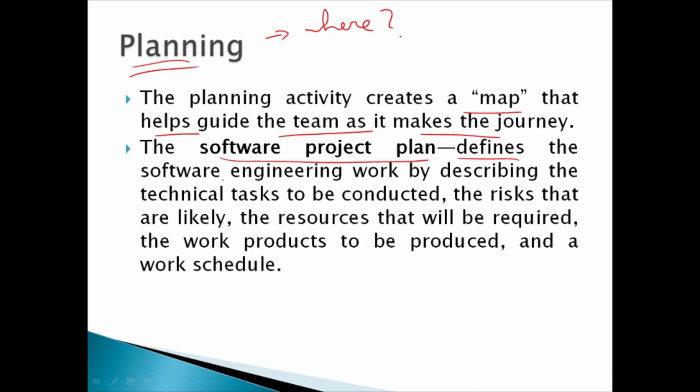It defines the software engineering work by describing the technical tasks to be conducted, the risks that are likely, the resources that will be required, the work products to be produced, and the work schedule. Okay. So software project plans give a concrete map for the software development.